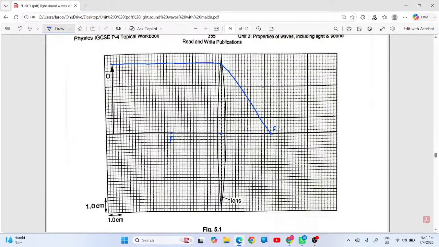Focus से. ऐसे कर देते हैं. The second ray is incident on the optical center. तो कैसे जाती है ऑप्टिकल सेंटर पे जब हिट करेगी? Straight. So this is ray 1, this is ray 2.